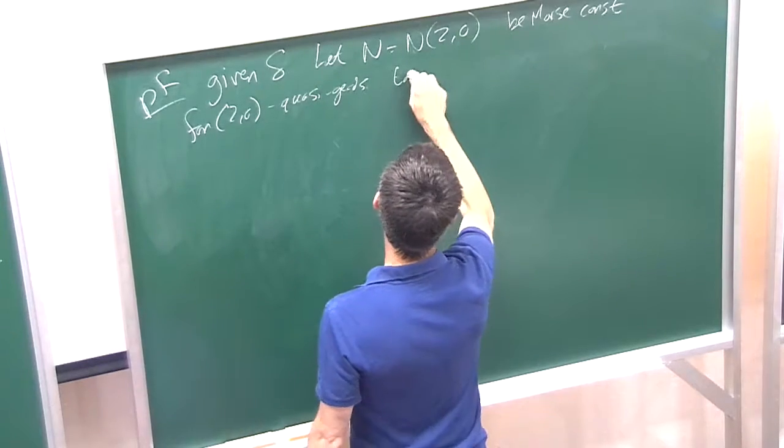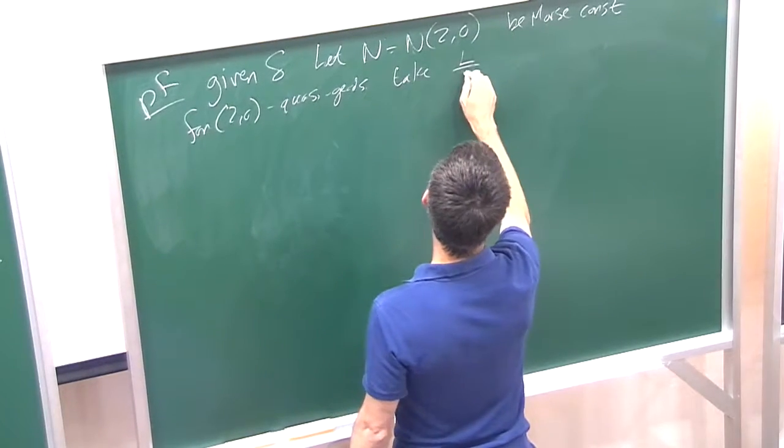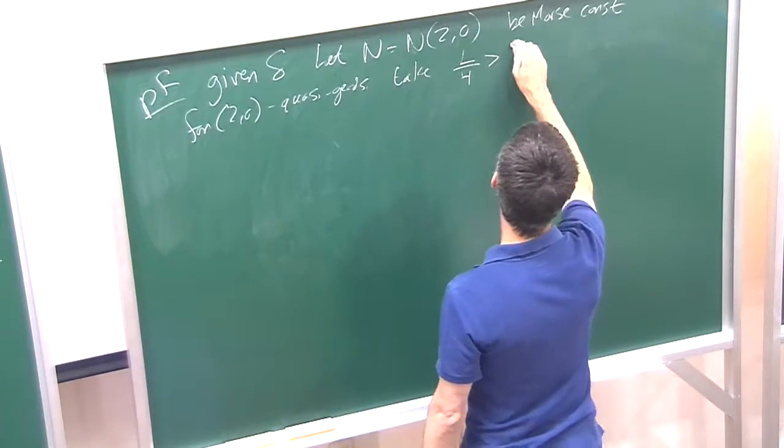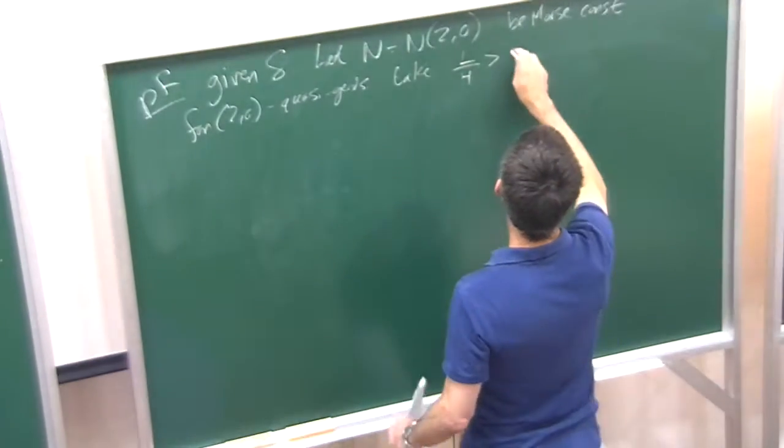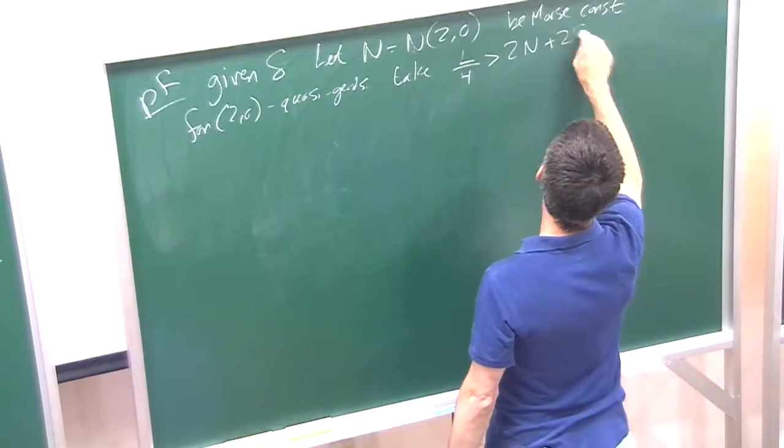Okay, and I'll take L such that L over 4 is bigger than 2n plus 2 delta.